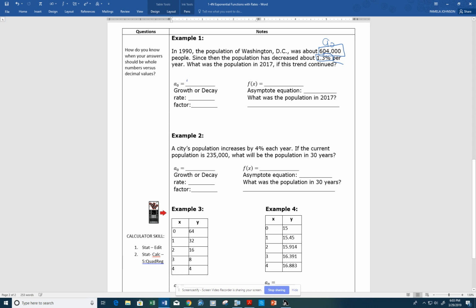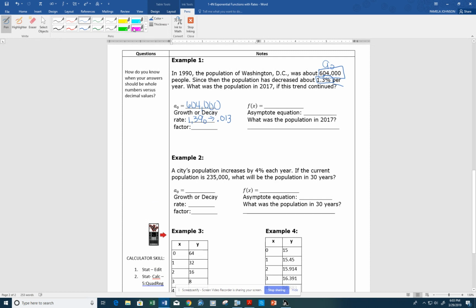So our starting value is 604,000. We said our rate is 1.3%. We're going to have to change that to a decimal, so it's 0.013.